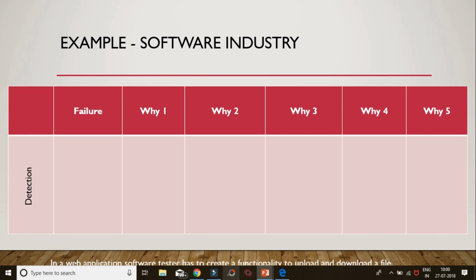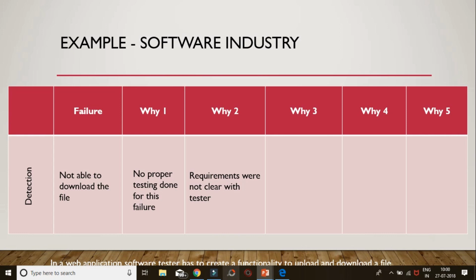The tester was supposed to test and detect this problem, but the tester was also not able to detect it. The failure remains the same: the end user is not able to download the file. Why? Because no proper testing was done for this failure. And why did this happen? Because requirements were not clear to the tester. And why were the requirements not clear? Because requirement analysis was not done properly.